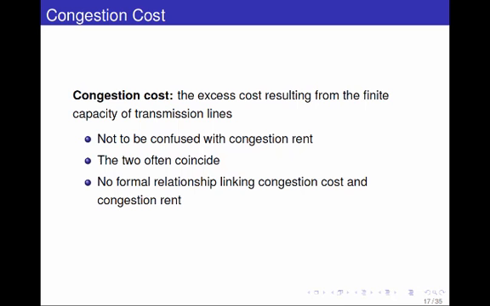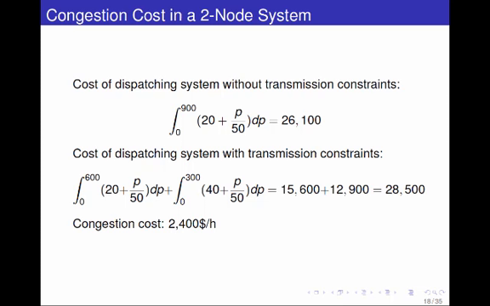They're not the same thing. Congestion cost is how much it costs you now, minus how much it would cost you if the line had infinite capacity. It's different from the congestion rent. The first intuition is to confuse them, but they're actually different, and we'll see in this example why they're different.